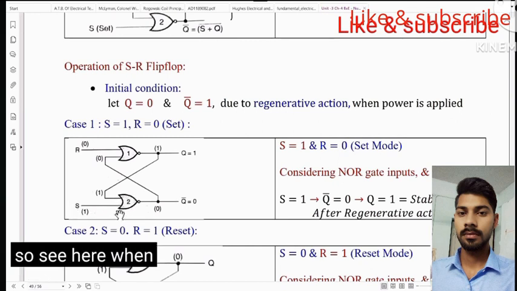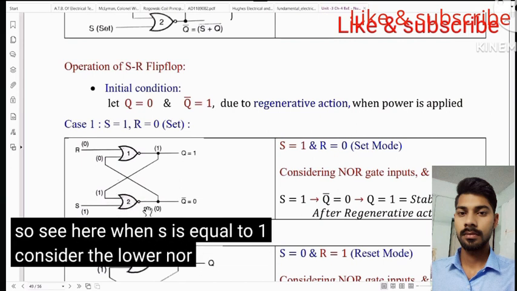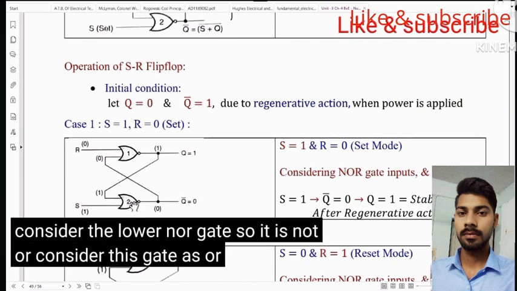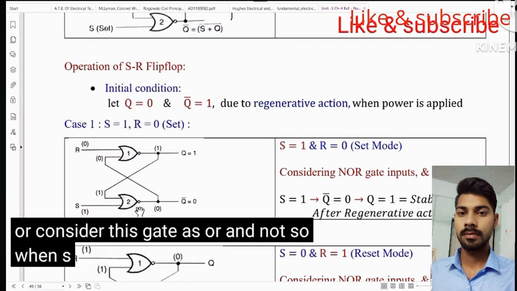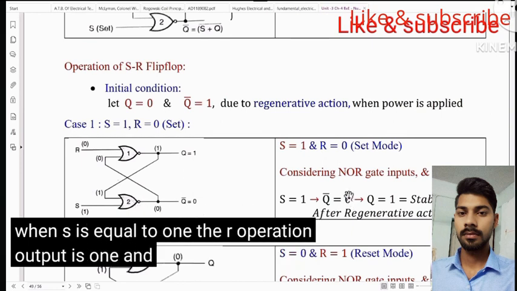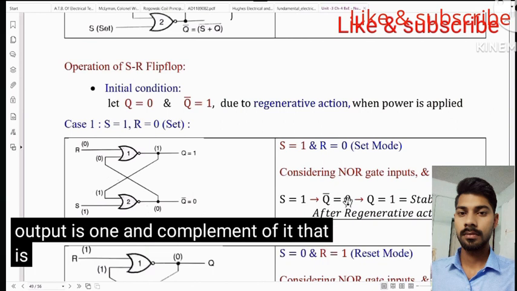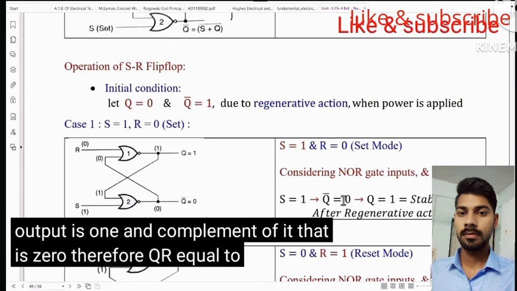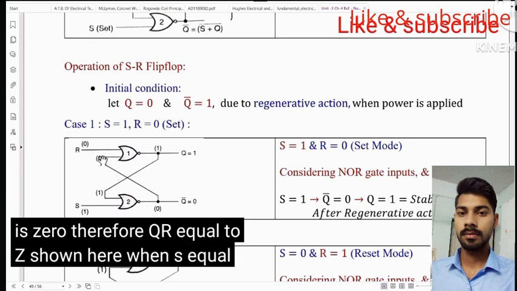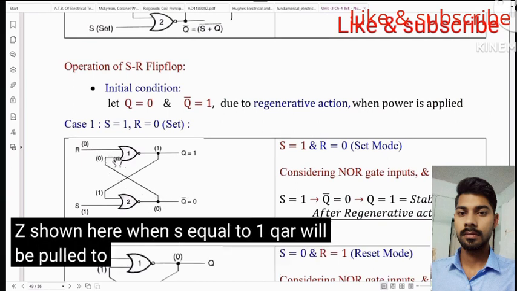So see here, when S is equal to 1, consider the lower NOR gate. Consider this gate as OR and NOT. So when S is equal to 1, the OR operation output is 1 and the complement of it is 0. Therefore, Q bar equal to 0. When S equal to 1, Q bar will be pulled to 0.